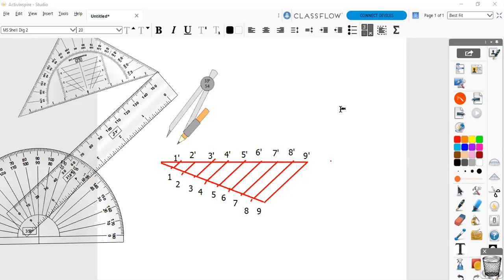Now do this exercise to make a 9 equal part of a line.